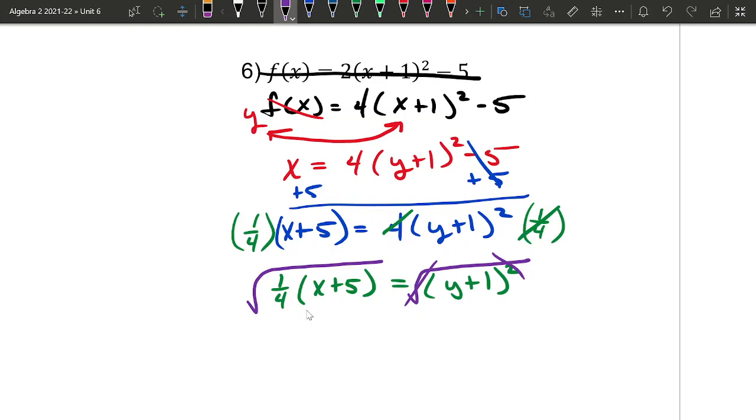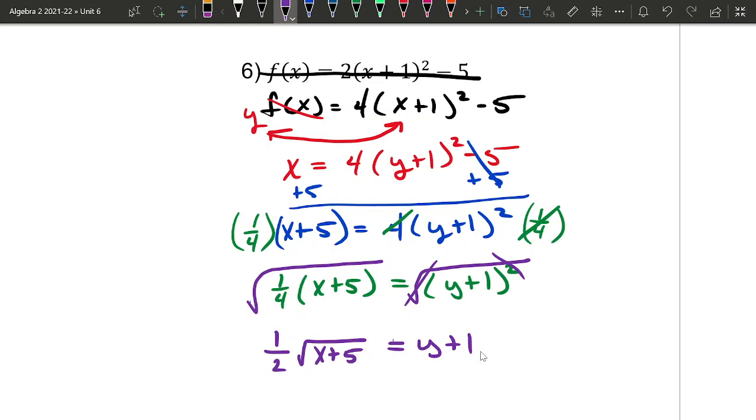Because when you take the square root of a fraction, you can take the square root of the top and the bottom separately. So the square root of 1 is 1. And the square root of 4 is 2. So the square root of 1/4 is 1/2. And then square root of x plus 5, I'm just leaving like that, equals y plus 1.